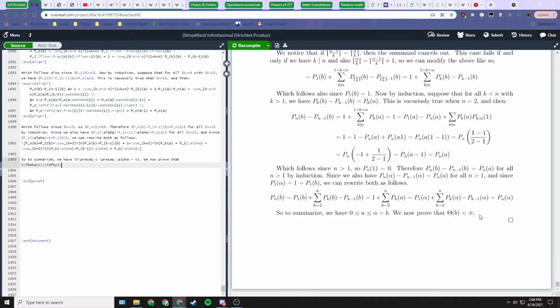Okay, so we're going to prove that theta of b is less than infinity. In particular, we're going to prove something very specific.